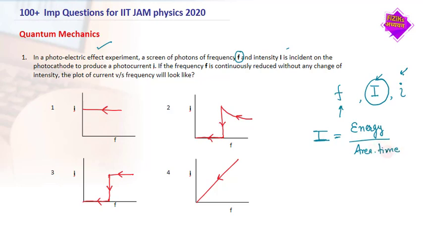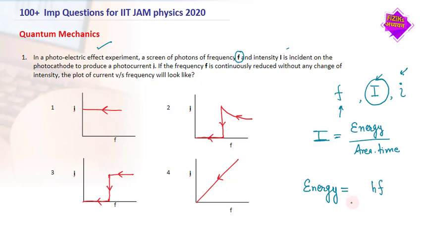Now what they are saying is that intensity is fixed. And the second thing you need to know is that energy is quantized in the photoelectric effect experiment, which shows that the energy of an incident photon of frequency f is hf.